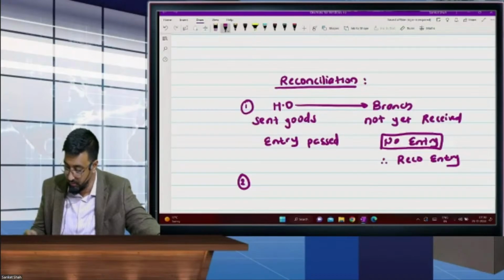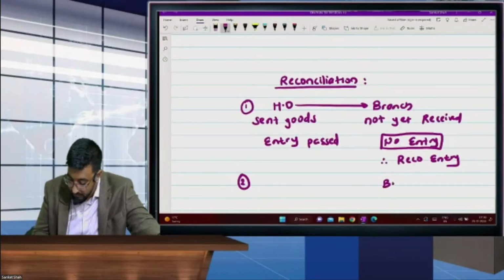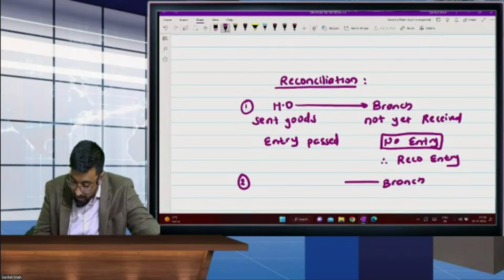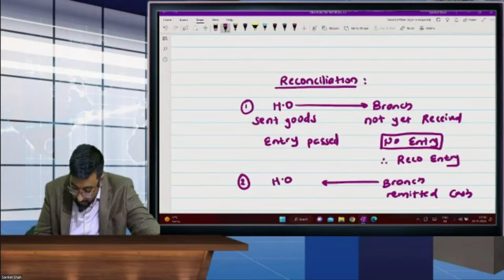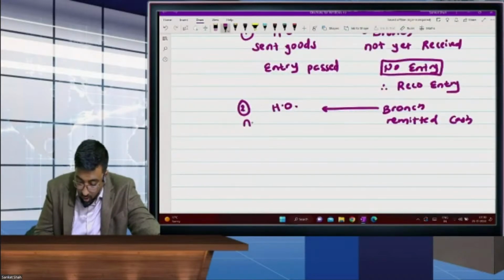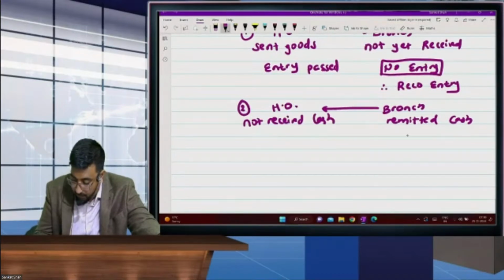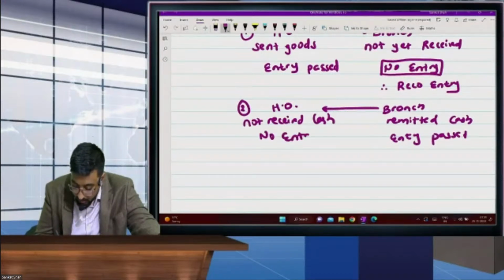Okay, now second question. Branch remitted cash, but HO has not received cash. Entry already passed by branch, and here no entry, therefore RICO entry.